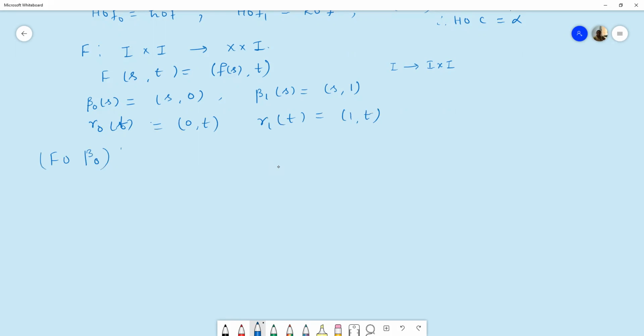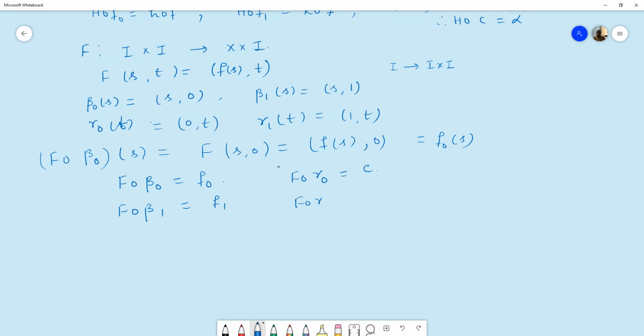Beta naught of s is (s, 0), and F of (s, 0) by definition of capital F is f_s 0, which is our path f naught. So we can see that F circle beta naught is f naught. Similarly, we can prove that F circle beta 1 is f1, and F circle gamma naught is c, and F circle gamma 1 is c.